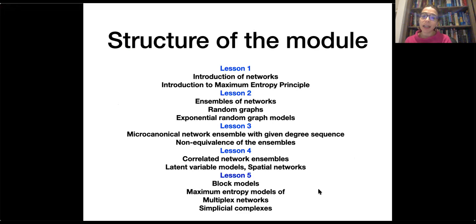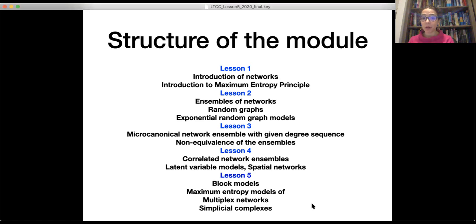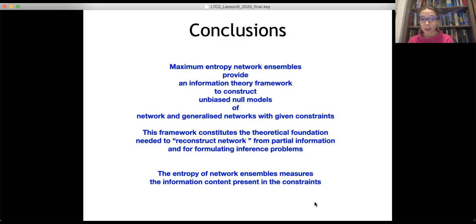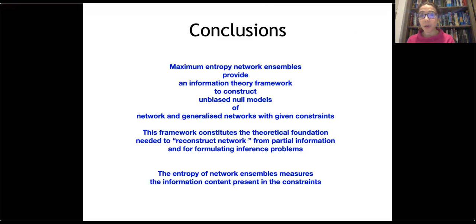And finally, today we have also looked at how we can use these to treat generalized network structures, which are a very active research field. So with this, I reach my conclusion.